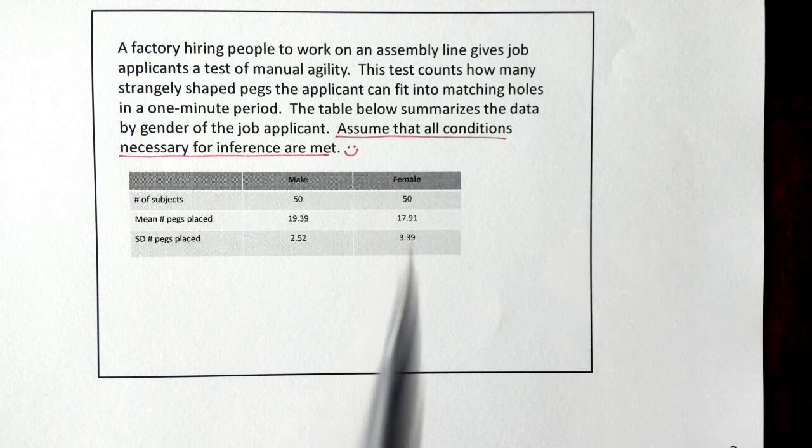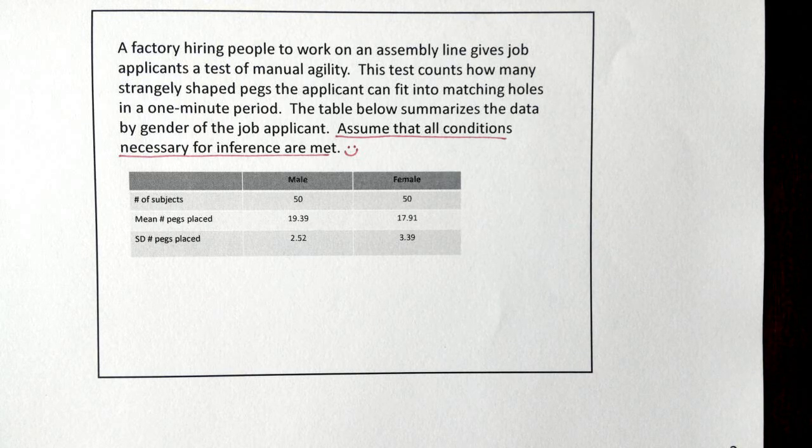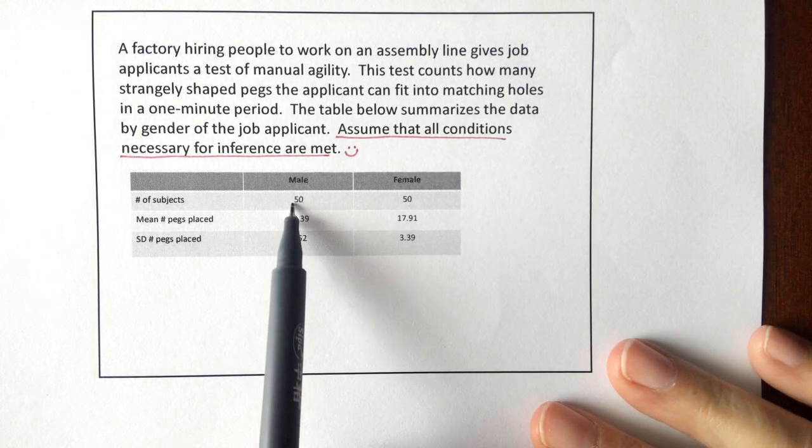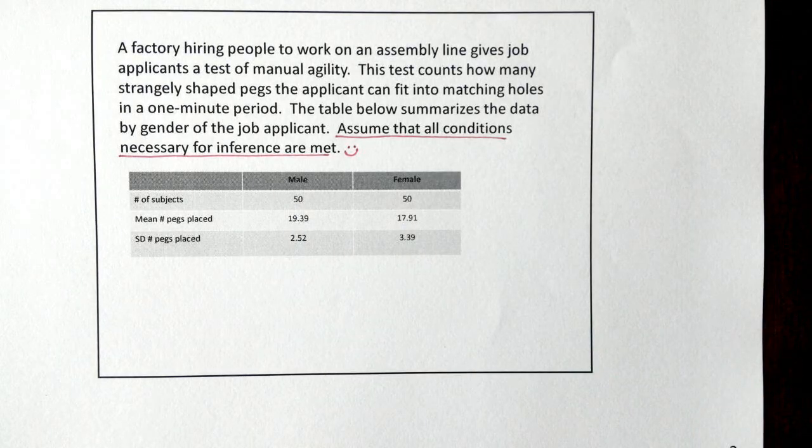It's already been checked. We don't have to check to make sure we have a sample size of at least 30 for each group. Turns out we do. We got 50 males and 50 females. That's plenty large enough sample to guarantee nearly normal sampling distributions.